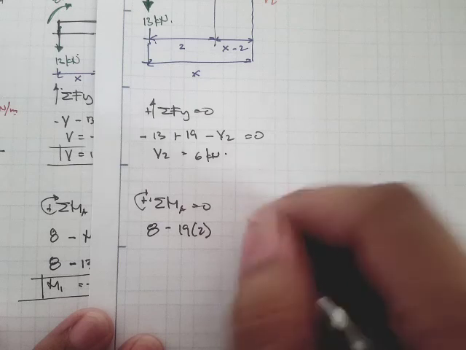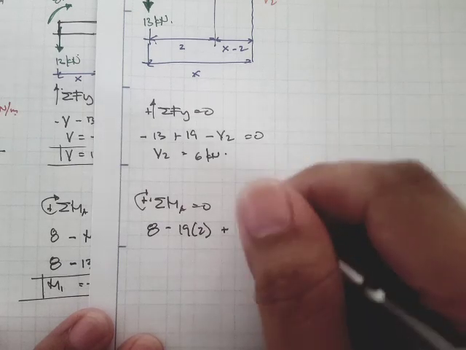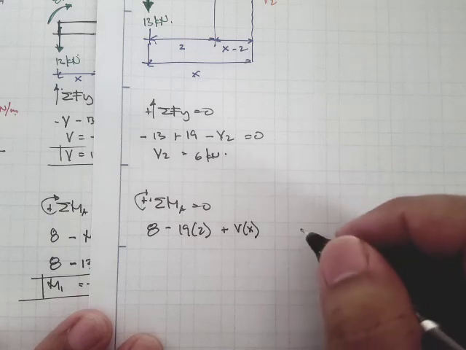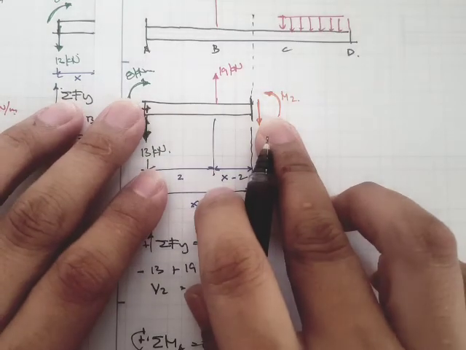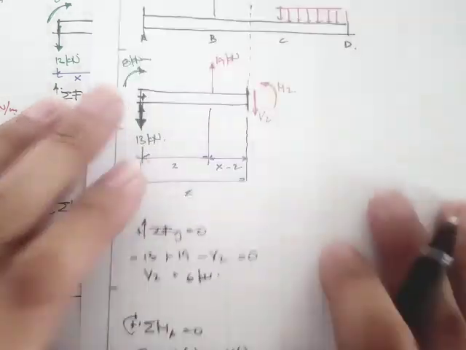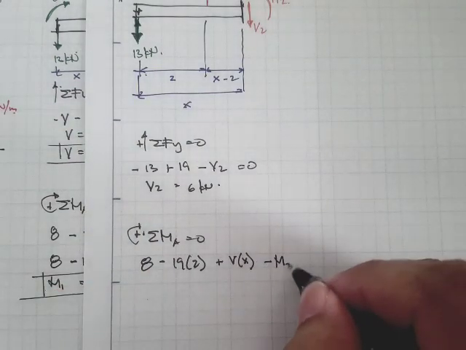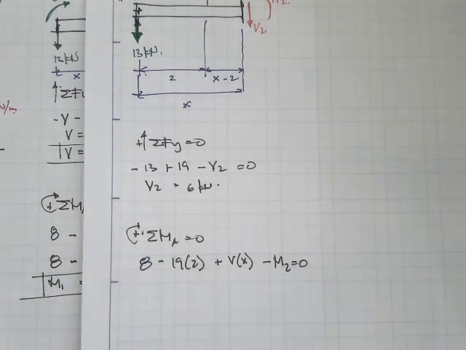So plus V times the value of x. Okay, and what else? There's also a concentrated moment that's counterclockwise, so minus M sub 2, is equal to 0.